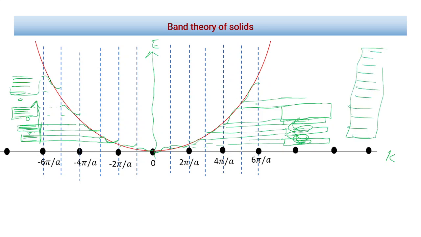But because of localization, there is a change in this relationship, because only discrete values 2 pi by a, 4 pi by a, 6 pi by a, corresponding to reciprocal lattice points, face distortion, and thus only these energy levels are possible, and that is how we get bands in our solids.